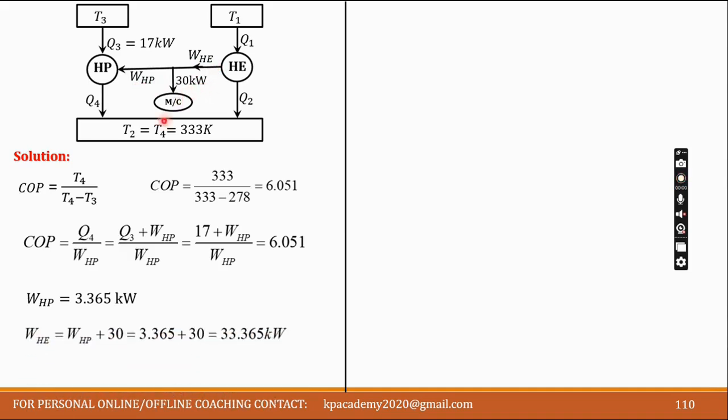Now we got this WHP, 3.365. So if you put the values, you will get the amount of work output given by the heat engine, that is 33.365 kilowatt. Okay. Now we got this one.